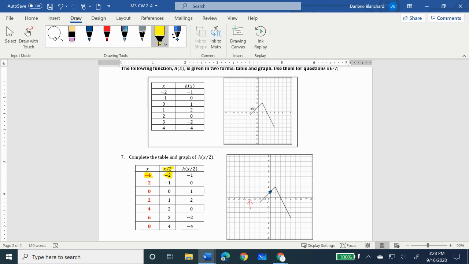Then the function h of x over 2 looks at the number walking up, and the number walking up is not -4, it is -2.